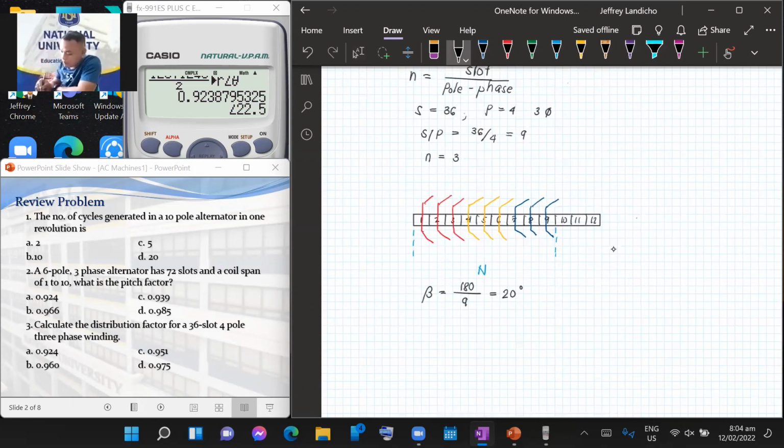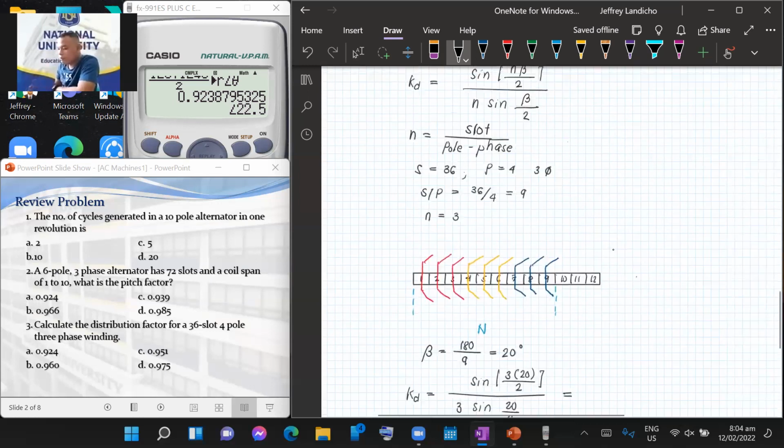So wala nang problema, you will compute now your distribution factor. So you have sine the number of n, that is 3, beta is 20, divided by 2. So you have 3 sine 20 over 2. So we have now the final answer.